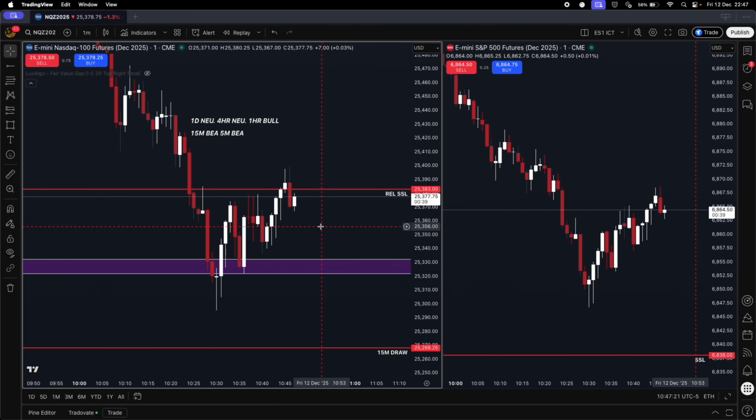If you're getting your bias on the daily to 4 hour time frame, understanding that the daily is likely to draw lower, or to, let's say, previous day high or the previous week high, or new day opening gaps, wherever your draw is. But our bias takes into account both intraday and higher time frame draws. So we're looking at where the daily, the 4 hour, the hourly is likely to draw in correlation with the intraday as well, 5 and 15.